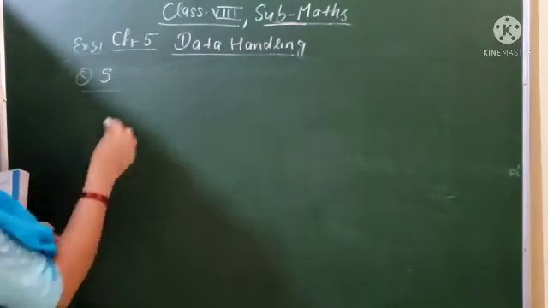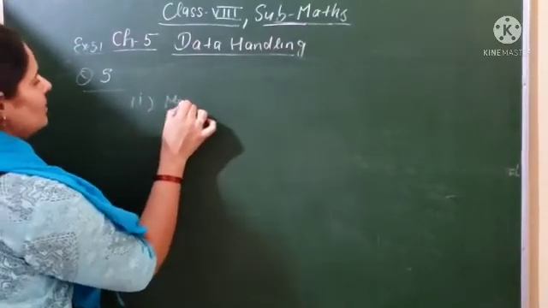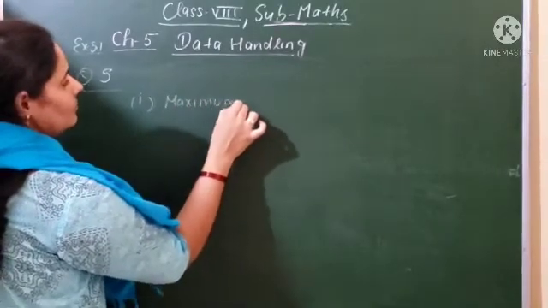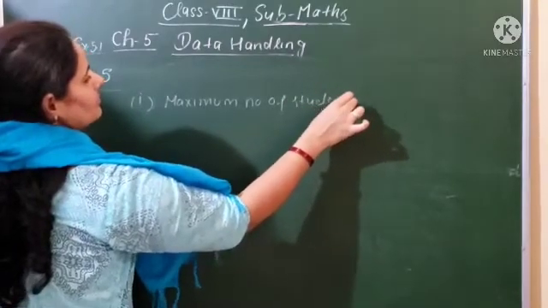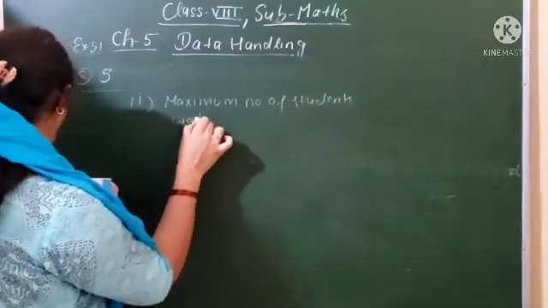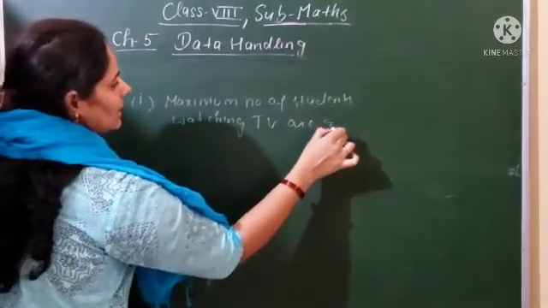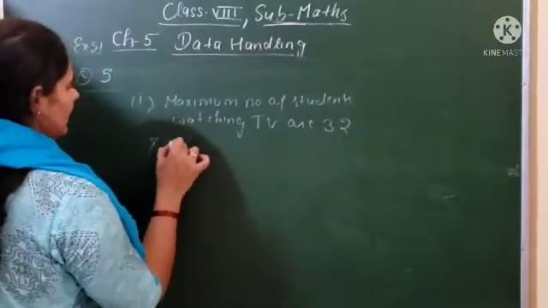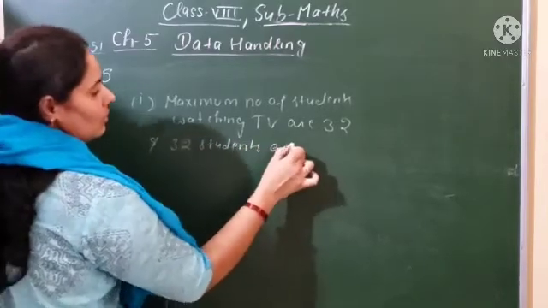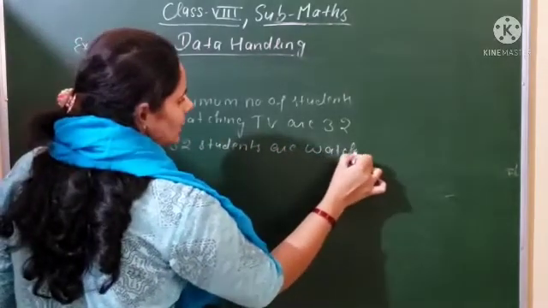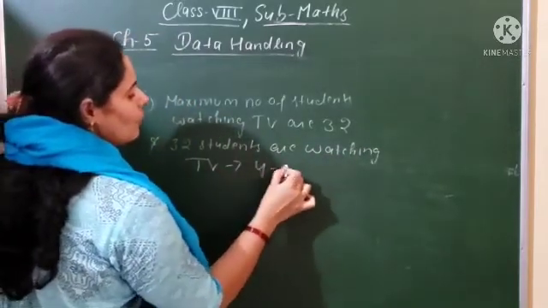So you will write question number 5, first part. The maximum number of students watching TV is 32, and these 32 students are watching TV for how many hours? 4 to 5 hours.